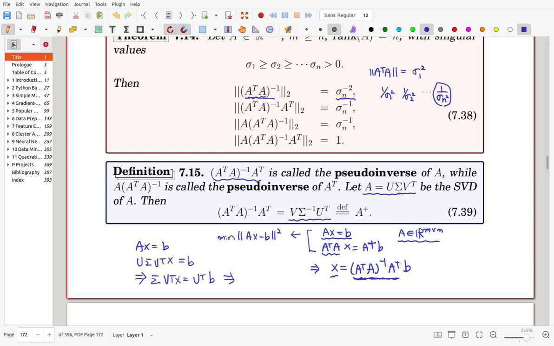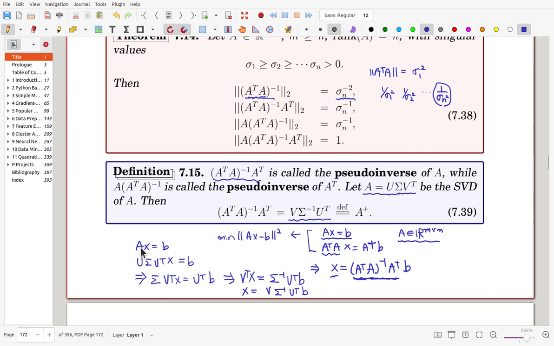And again we apply the inverse of sigma, so V transpose x is the same as sigma inverse U transpose b. And one more time, we apply the inverse of V transpose, which is V, so that x is the same as V sigma inverse U transpose b. So that is now the pseudo inverse.